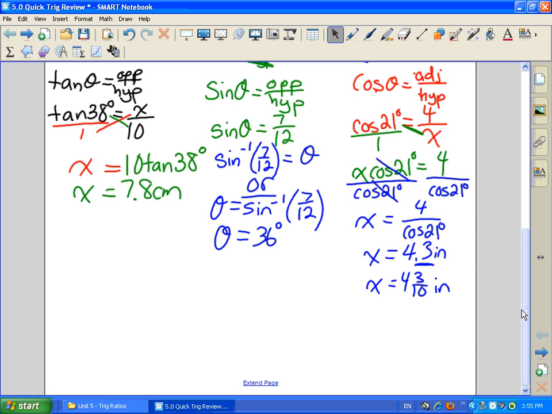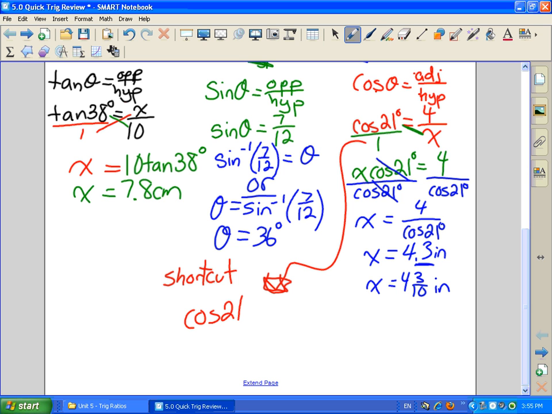Now, folks, I want to show you a shortcut that you can use. You may have remembered this from grade 10. Okay, this is called a shortcut. So if x is on the bottom, so we go cos of 21 degrees equals 4 over x.